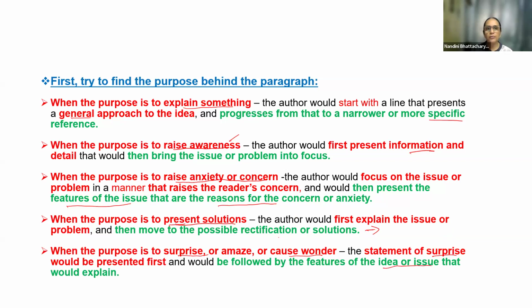So you can get the clue to the arrangement of sentences from the purpose of the paragraph. When you read the sentences, even though they are jumbled up, you can get an idea about what the paragraph should be talking about. So the purpose will give you the order of the sentences. This is clear? We can move on.